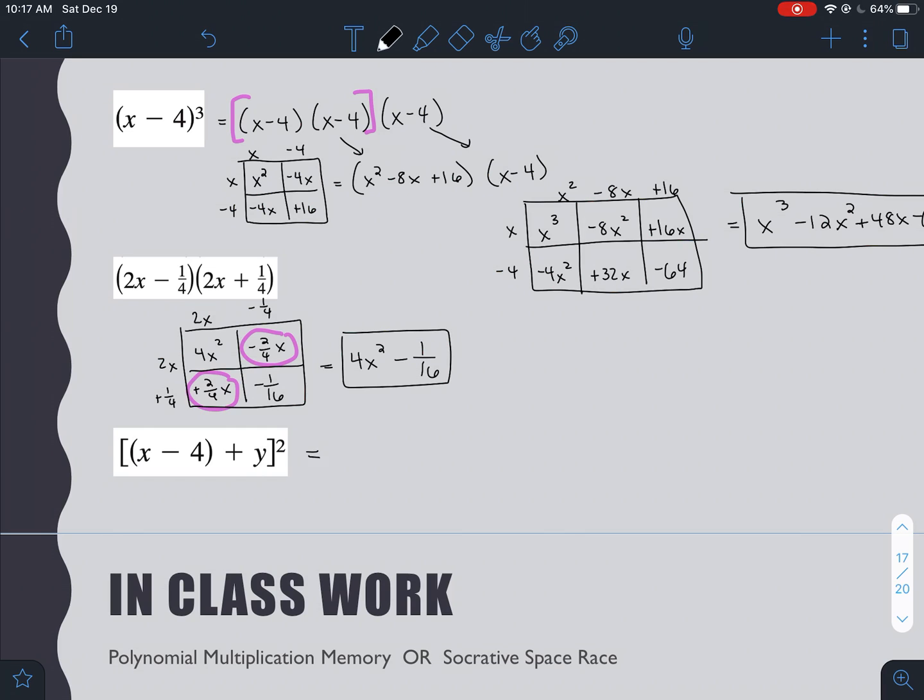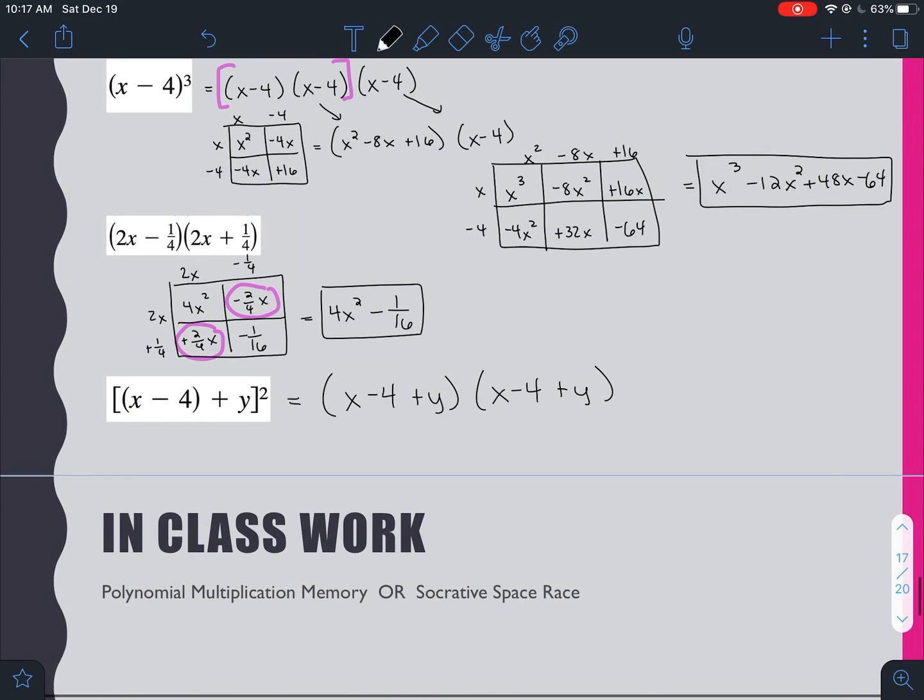All right, on the next one, I have x minus 4 plus y squared. Well, those parentheses on the inside really aren't doing anything. So it's x minus 4 plus y, and I'm squaring that. So times x minus 4 plus y. So I'm going to distribute on this one because we haven't distributed in a while. So I'm going to take x times x, times negative 4, and x times y. So I get x squared minus 4x plus xy.